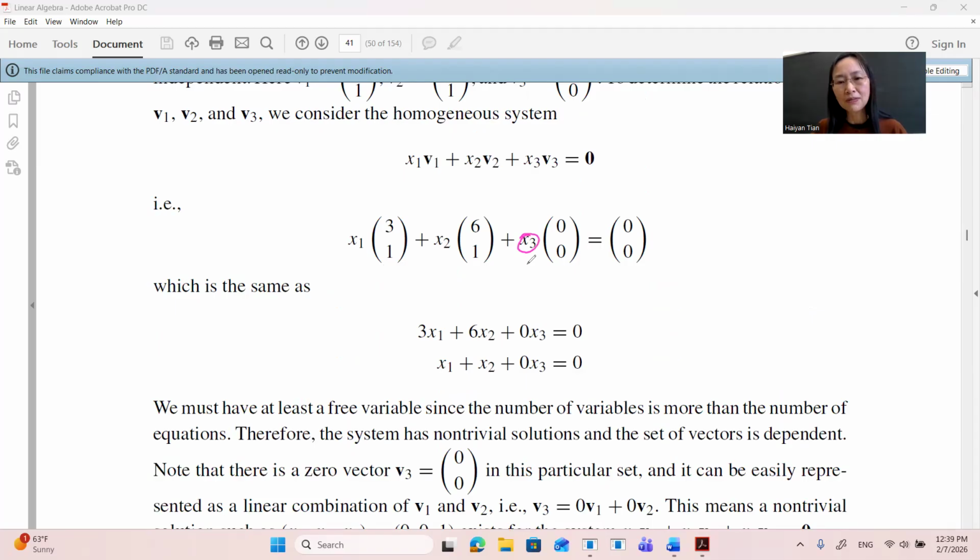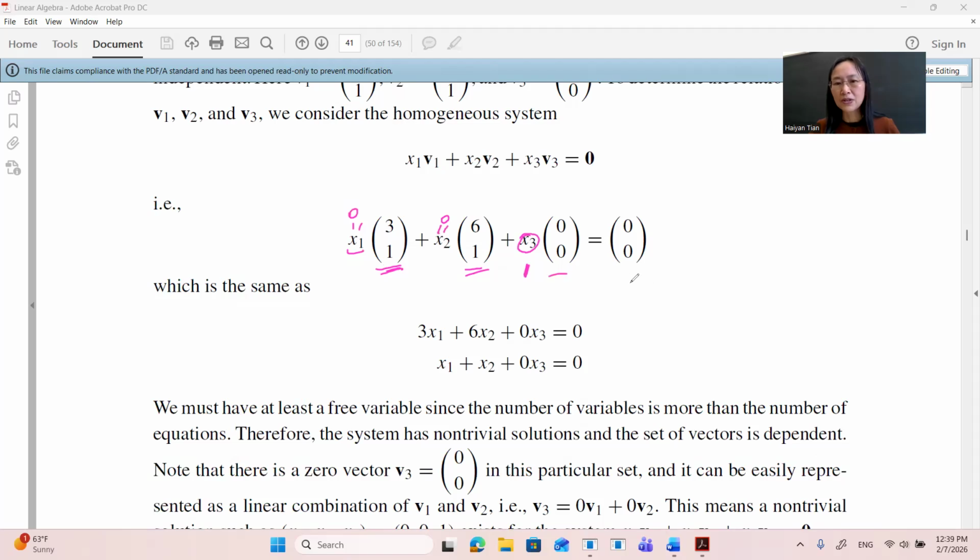You see, if I put 1 or 10, anything non-zero, right? If I make this one x1 equal 0, I can easily know that it is a non-trivial solution, because 0 times this will be a 0 vector.